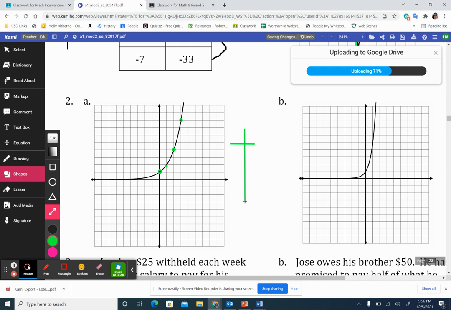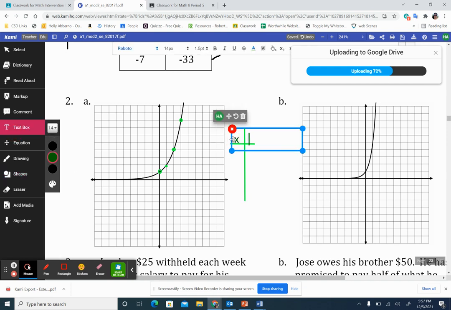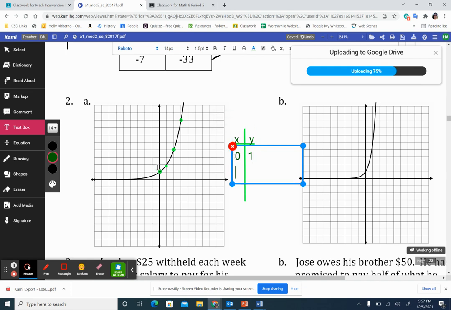My x goes on this side. The y values go over here. And this is going to be 0, 1. The next one is 1, 2.